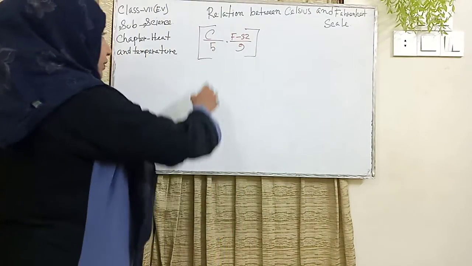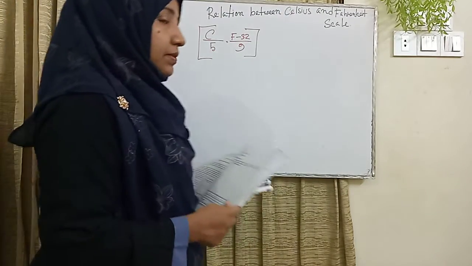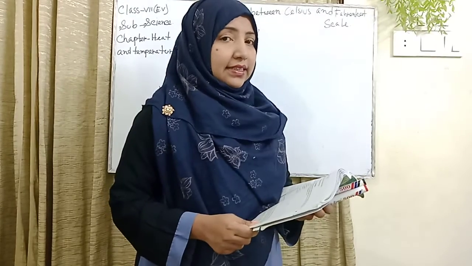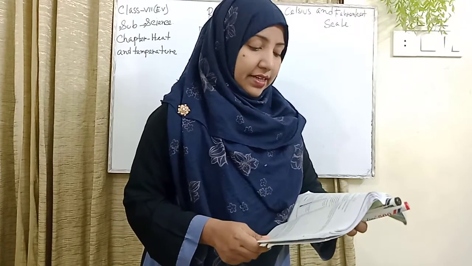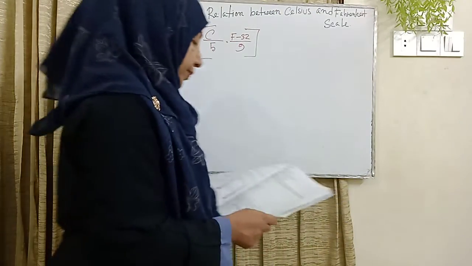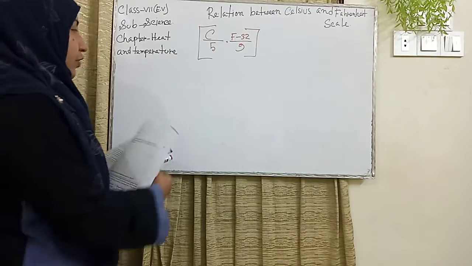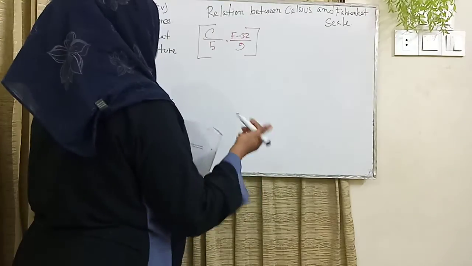Again, I explain, this is the equation. Basically, C is the Celsius scale and F is the Fahrenheit scale. We know that here C is equal to 38 degrees Celsius.